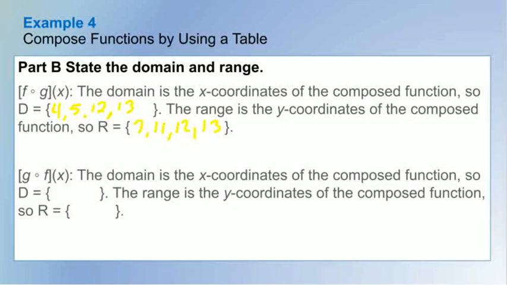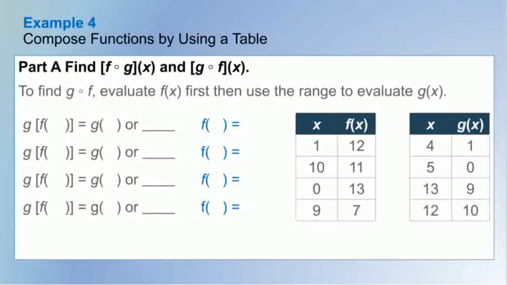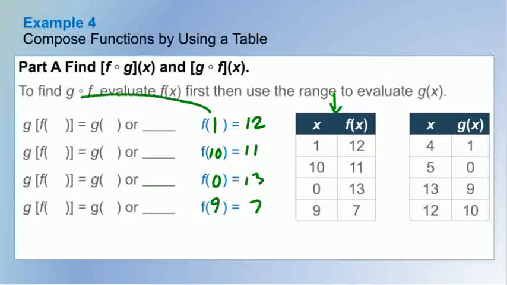Now we need to find g of f of x. So to do that, we're going to use this table here. We're going to put a 1 in for x and we get a 12. Put a 10 in for x, you get 11. Put a 0 in for x, you get a 13. Put a 9 in for x, you get 7. Now this one's going to go here.